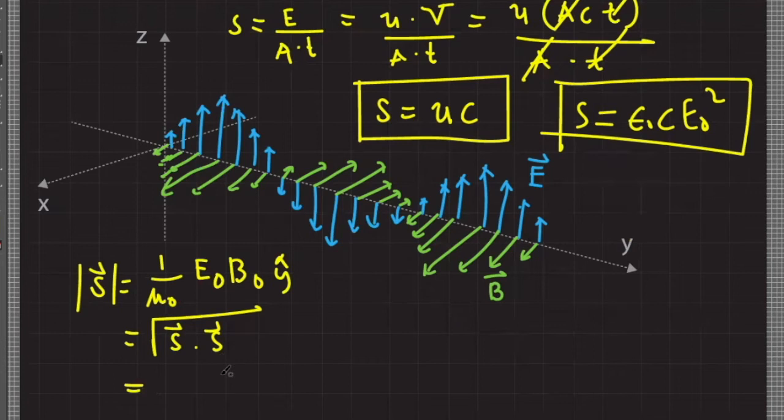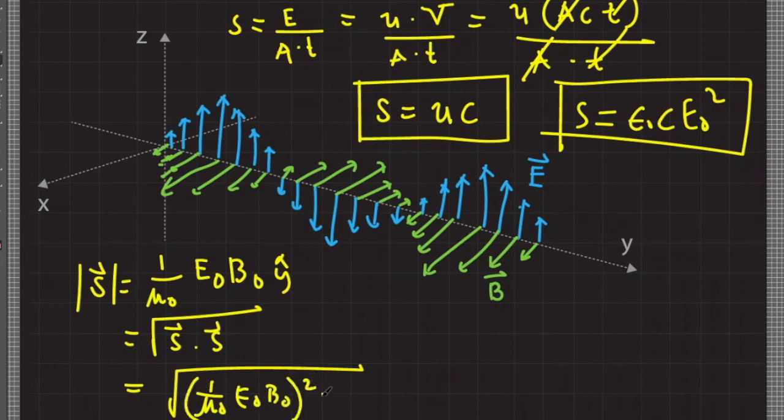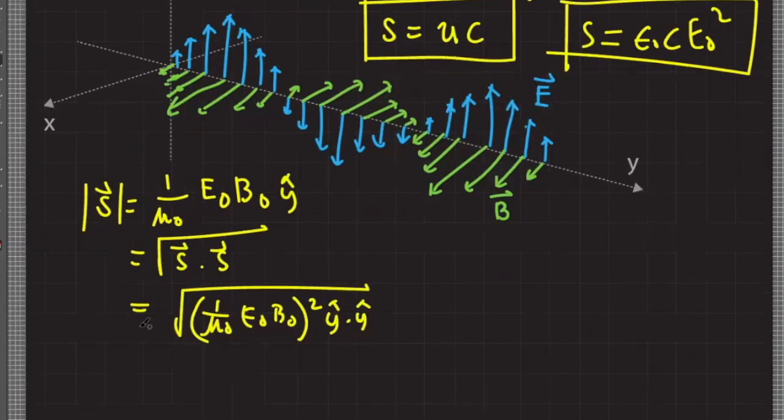This is also equal to taking the dot product of the same quantity with itself. So I'll end up with 1 over mu sub 0, E sub 0, B sub 0 squared, y hat dotted to y hat. And I'll end up with this magnitude of the Poynting vector.